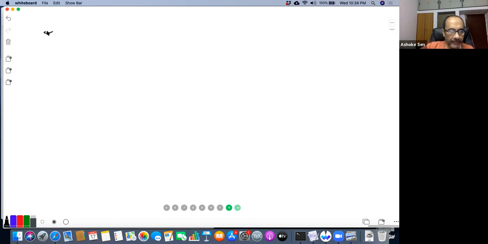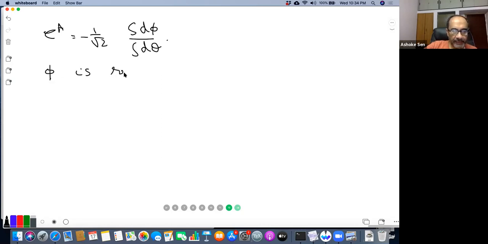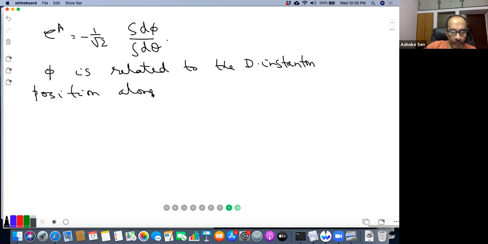Okay, so let me write this again. So you have e to the a as minus 1 over root 2 times integral d phi over integral d theta. So we have seen already that phi is related to the D-instanton position along x naught, which we call phi tilde.